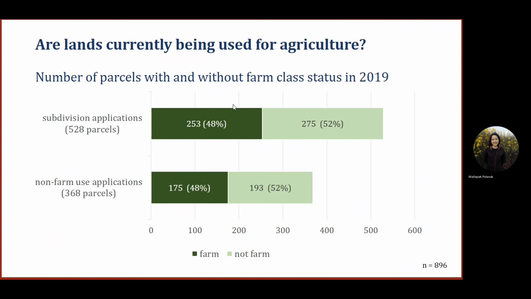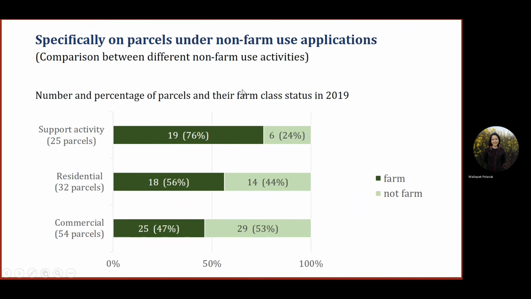So now we're going to look specifically at parcels under non-farm use applications to compare between different non-farm use activities. Here, as an example, we have support activity, residential, and commercial. These are different non-farm use activities.